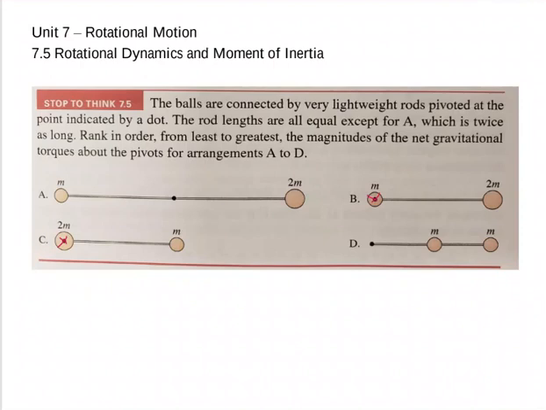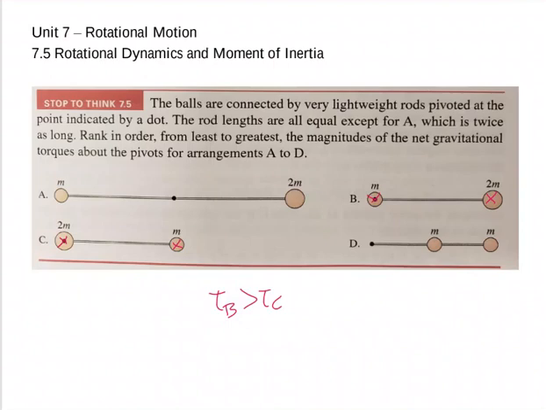So if the mass on B out here is double the mass over here, then B would have double the torque, probably, right? So torque on B is greater than the torque on C. Agree with that? Okay. We just don't know for sure if they're right next to each other or not yet, as far as the rankings go.